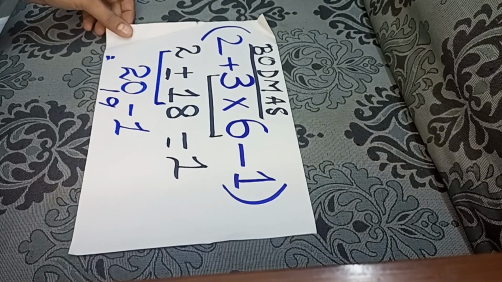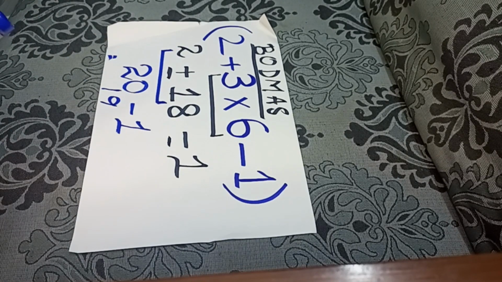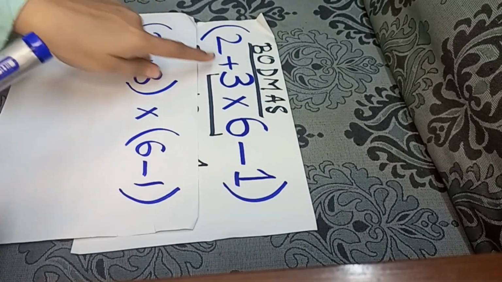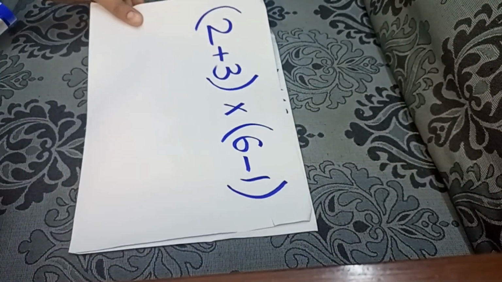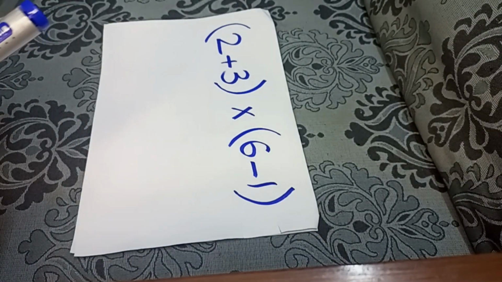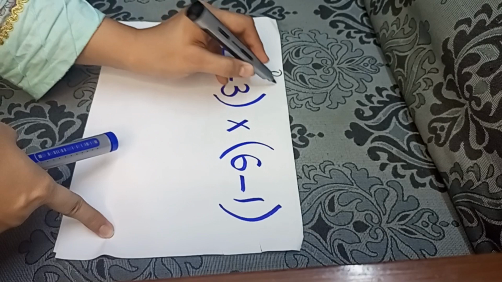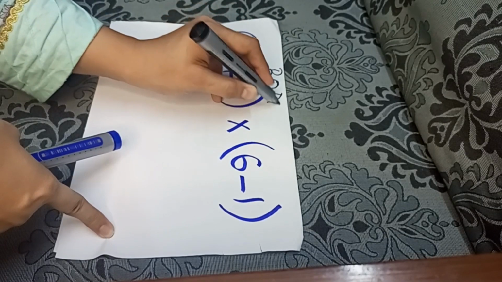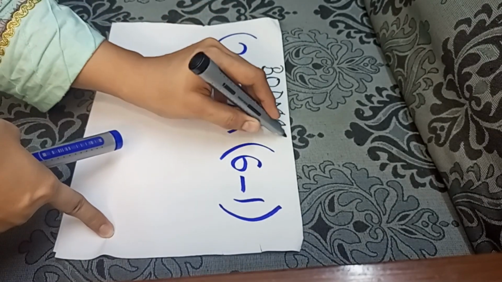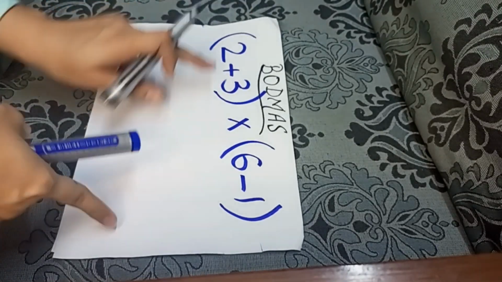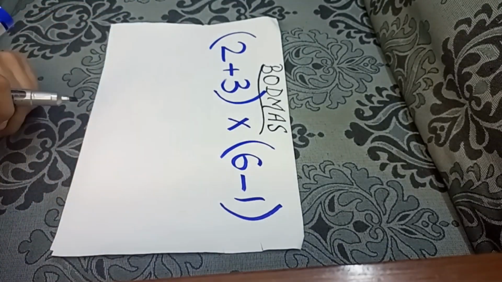Now take the same question in another way. For example, you have the same equation but with two different brackets. Now here you have to solve the brackets first. According to BODMAS, you have to solve the brackets first because you have two different brackets.